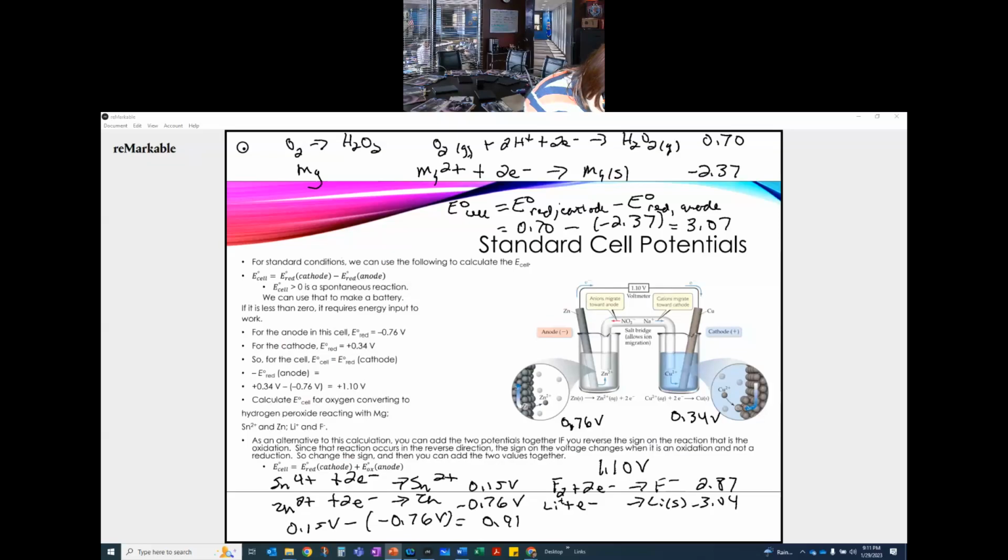And so I'm looking at this going, okay, well, I think that this is going to happen as the F2 plus 2 electrons, 2.87, and the Li solid going to give me Li+ and an electron, and that's 3.04 if I reverse it. Now, if it's going to be spontaneous, that's what I'm going to have to do. 2.87 plus 3.04, which gives me 5.91.